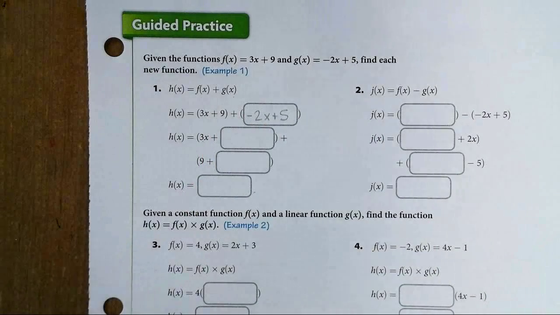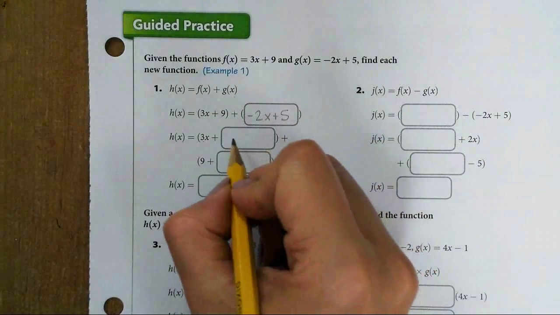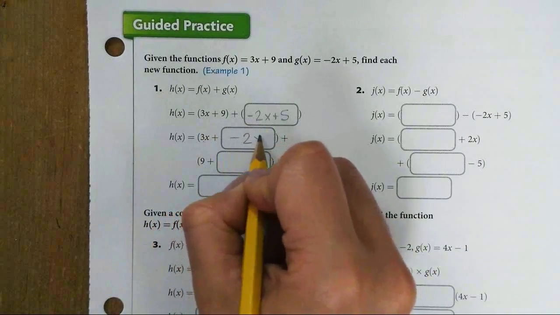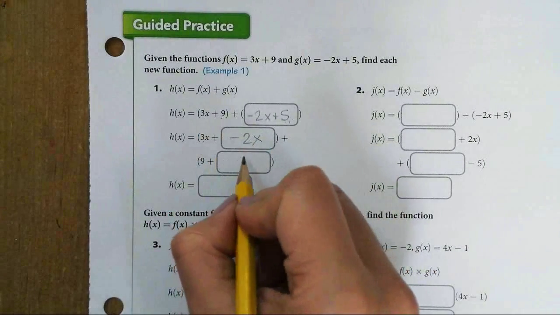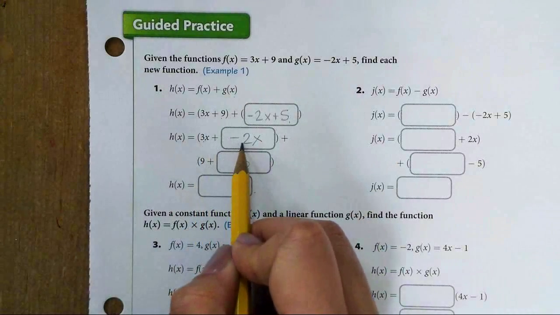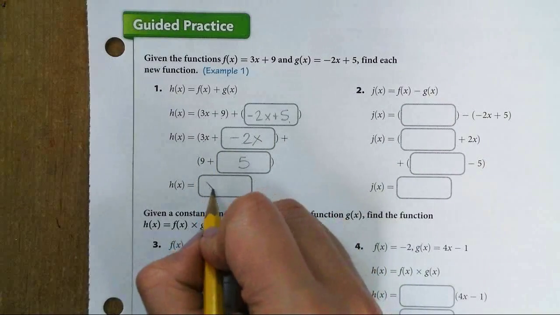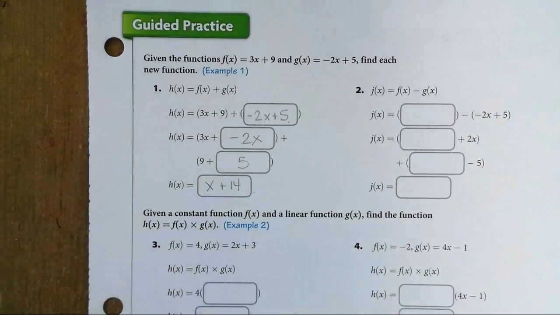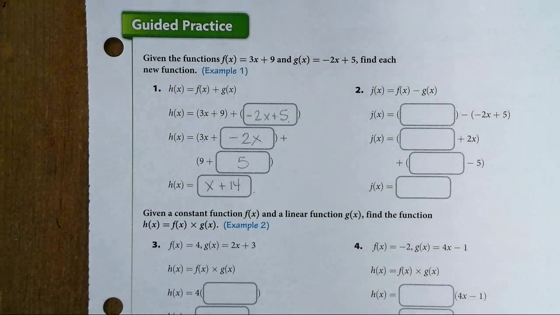Now all you're doing is putting your like terms together. So it's 3x plus negative 2x, and then your 9 plus your 5. 3x plus negative 2x gives you just 1x, and 9 plus 5 gives you 14. That is your final answer there.